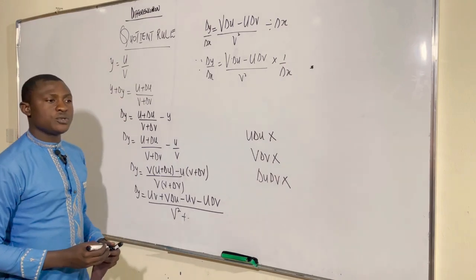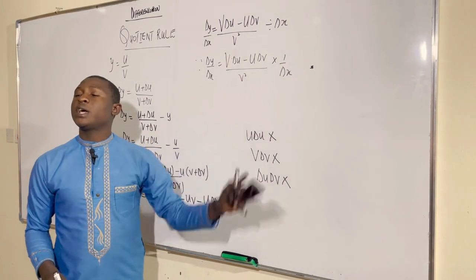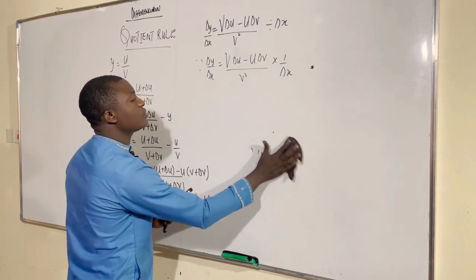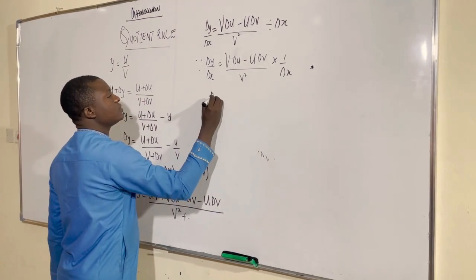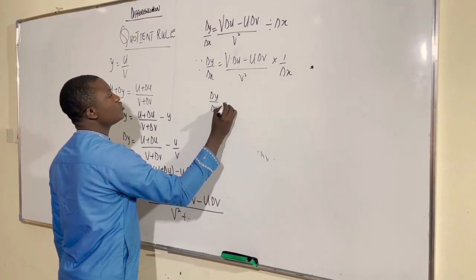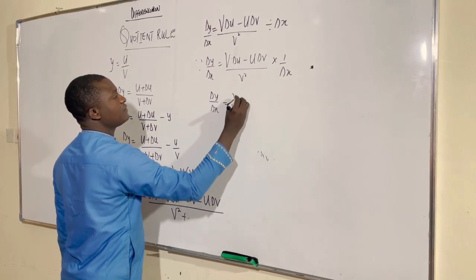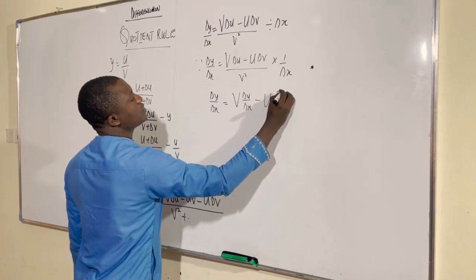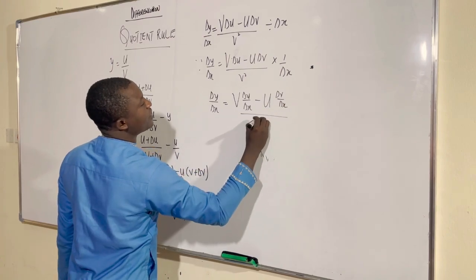As I told you, it can only affect the one at the numerator. So if you do that, we are going to have dy dx to be v du dx minus u dv dx all divided by v squared.